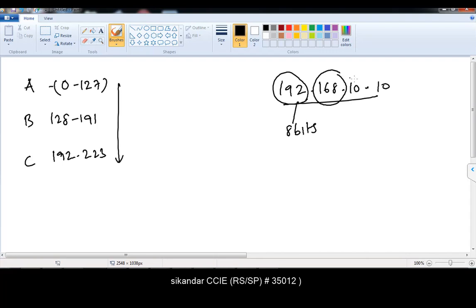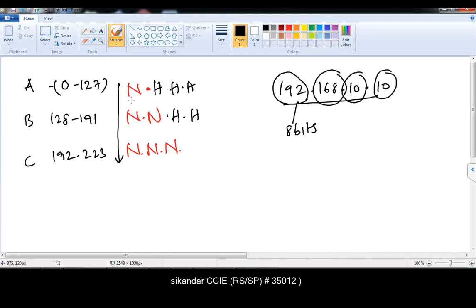These 4 portions are further divided into 2 parts: the network part and the host part. In general, in A class there is 1 network portion and 3 host portions. In case of B class, 2 network and 2 host. In case of C class, 3 network and 1 host.